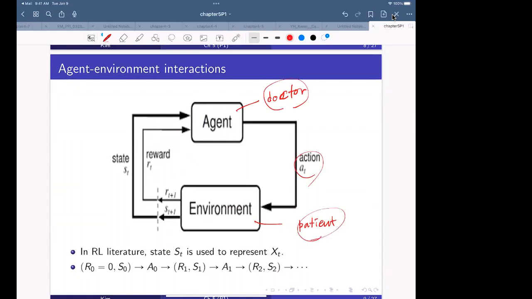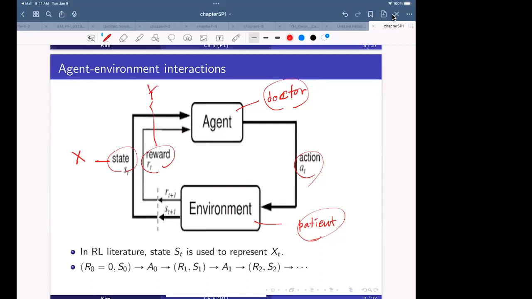Then the patient takes this action, and next time the patient may show some progress or some changes. So the state is X and the reward is a part of Y. Reward is actually the outcome.